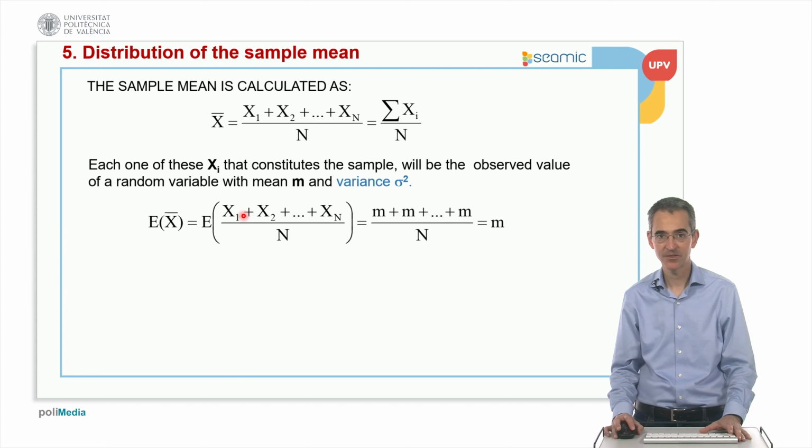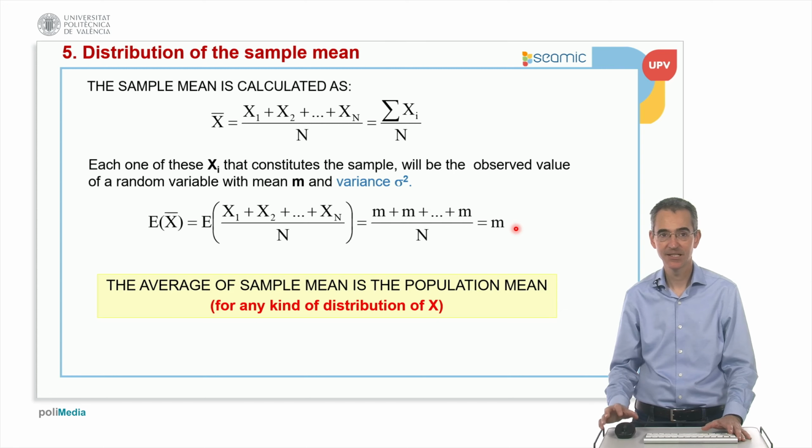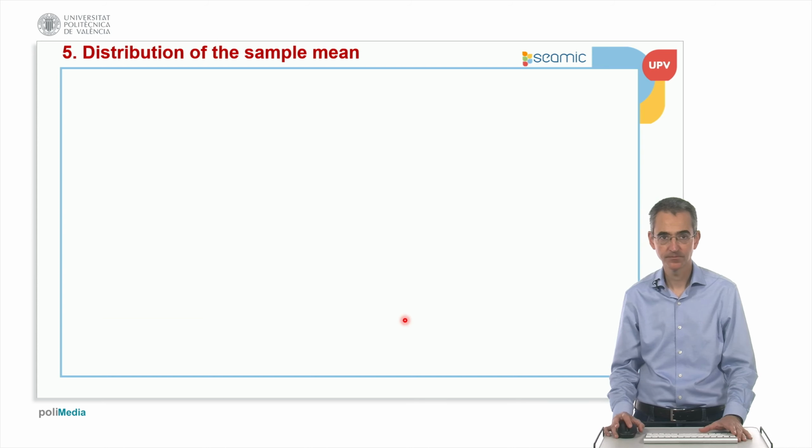By applying properties of the expectation, we finally get the value m, which makes a lot of sense. So the average of the sample mean is the population mean. This is true for any kind of distribution. It doesn't matter if it is skewed, symmetric, or normal.